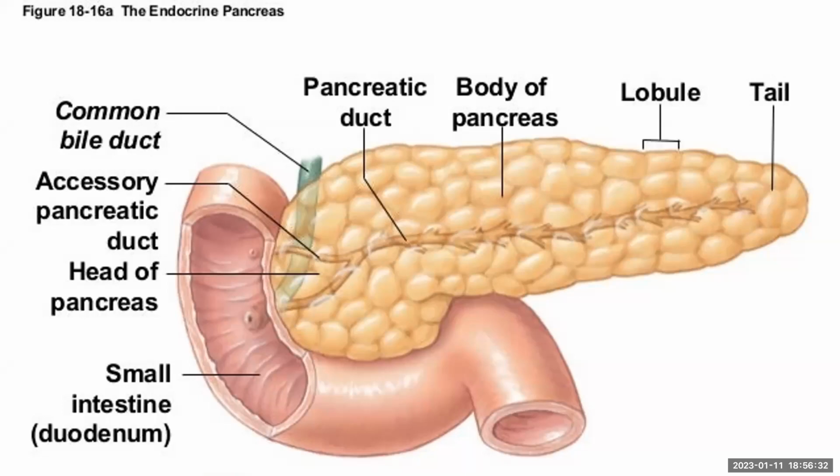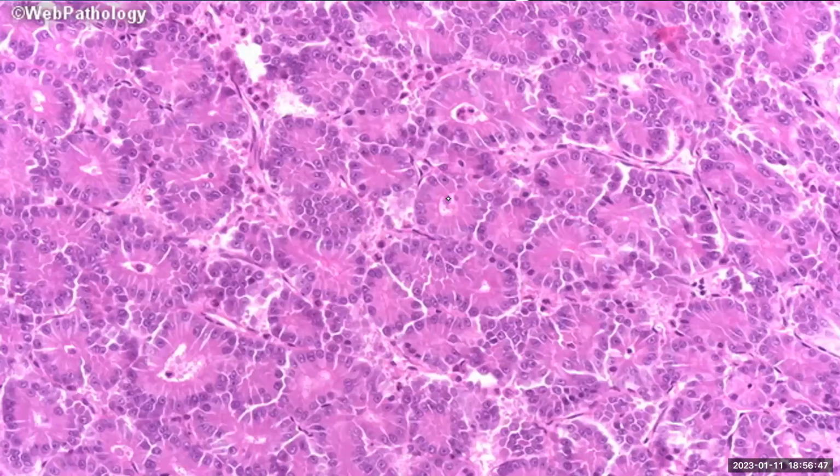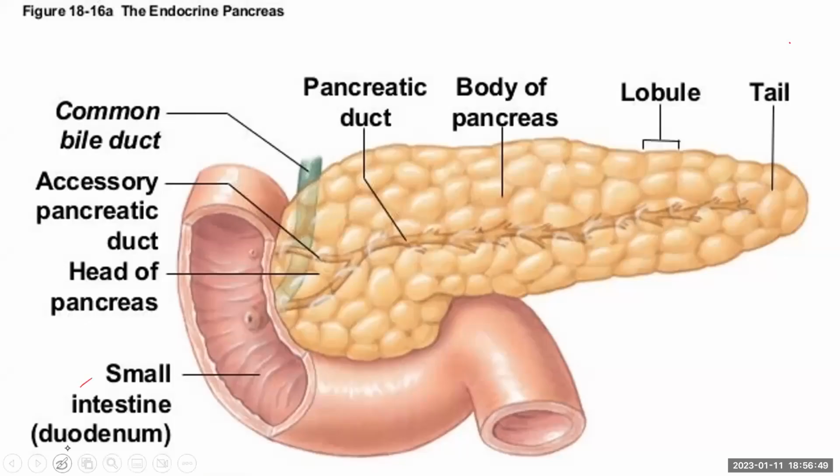It has tiny divisions called lobules. This is one lobule. For example, this is one lobule, this is one lobule, and this is one lobule like that. All lobules finally connect to the pancreatic duct through these intercalated and interlobular ducts.